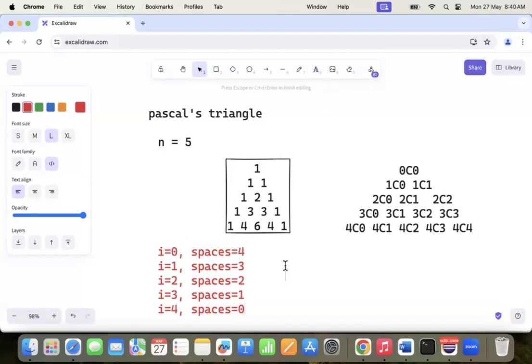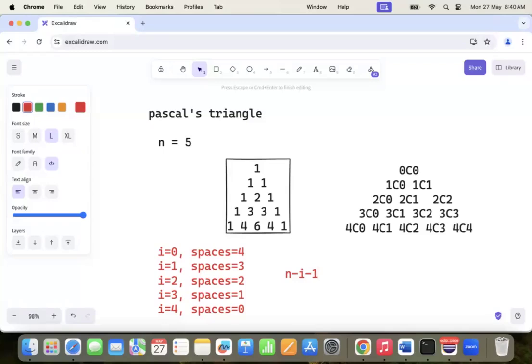Please calculate n minus i minus 1. Please calculate this n minus i minus 1 for each row. When i is 0, n is 5, i is 0, and minus 1: 5 minus 0, 5 minus 1, 4.